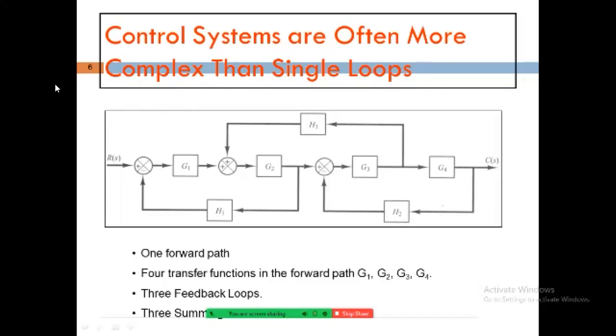In this diagram, R of S will be considered as the input of the control system and C of S will be noted as the output of the system, and each and every block in between this input and output will be considered as a control system.